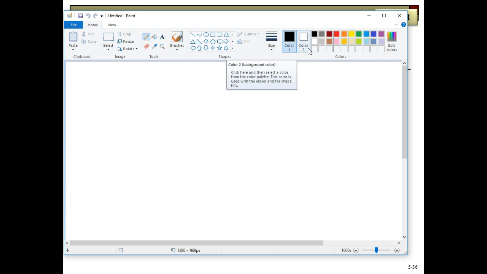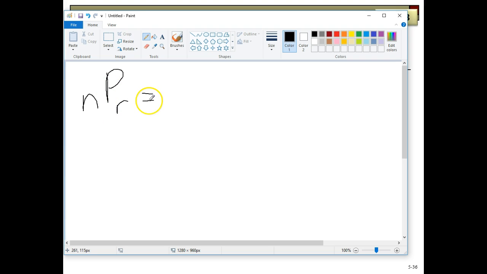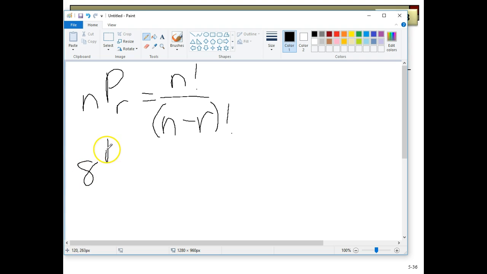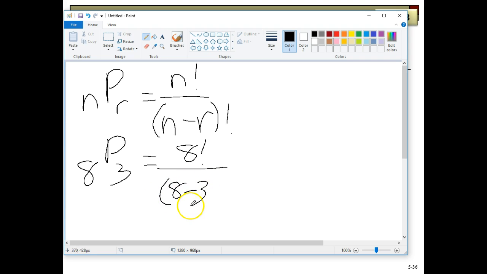Okay, so we are going to look at this together and solve this, n minus r factorial. So we know that the n value is 8. We are selecting 3, that's the r value. So 8 factorial over 8 minus 3 factorial.